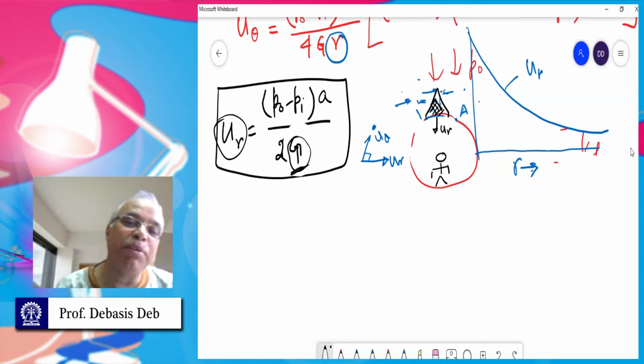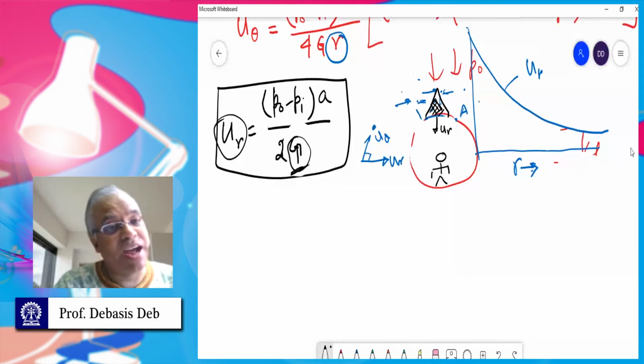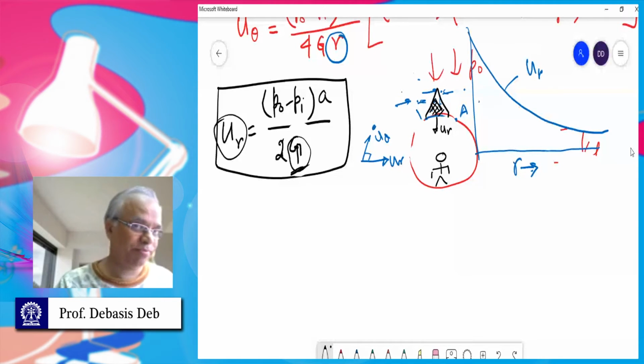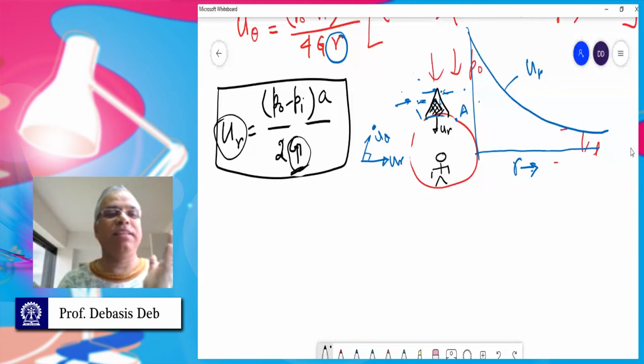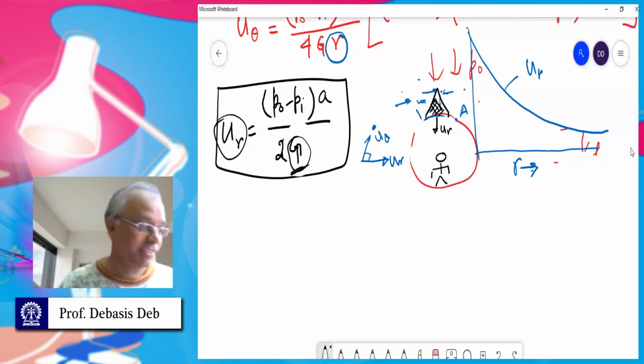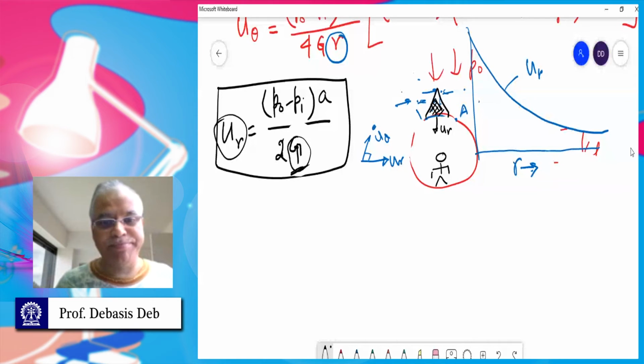And if the material property like modulus of elasticity is low, this UR will be much higher. So this is the relationship between displacement, material property, and geometry like radius.